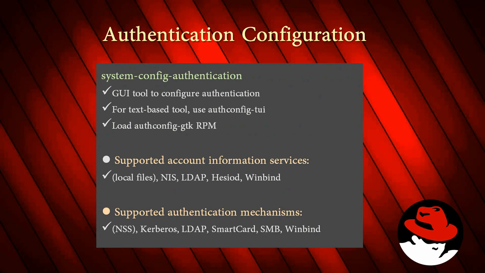The supported account information services are local files, NIS, LDAP, Hesiod, WinBind, and so on. The supported authentication mechanisms are NSS, Kerberos, LDAP, SmartCard, SMB, WinBind. You don't need to remember these things, but when you are going to configure the authentication, you should go through these things.